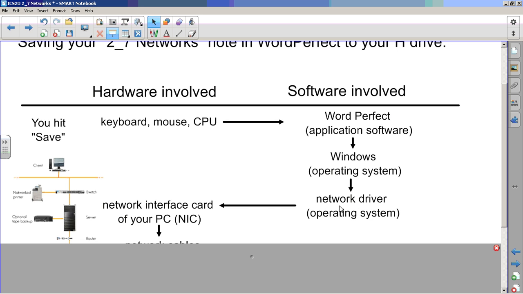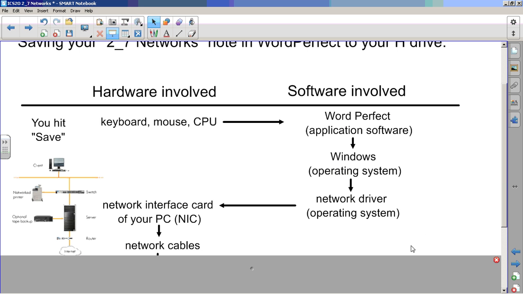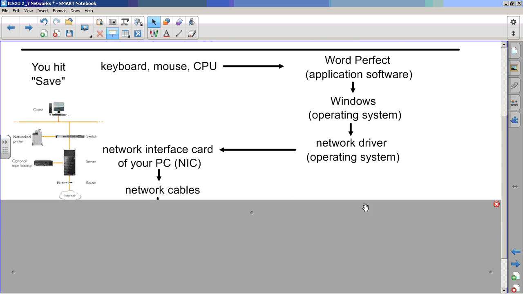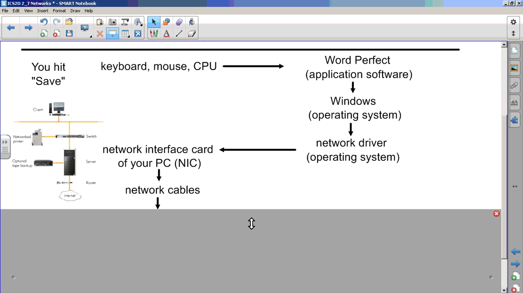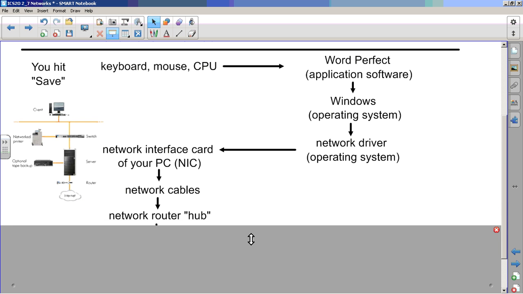And the network driver is software, and it communicates with the hardware, and the hardware then sends information out on those network cables, that blue stuff, along the back of your computer and along the side of the room, if you look at the side of the room, and then it goes into a network router. Or a hub and a switch. Well, all these things we sort of use interchangeably in our course, but they mean slightly different things.